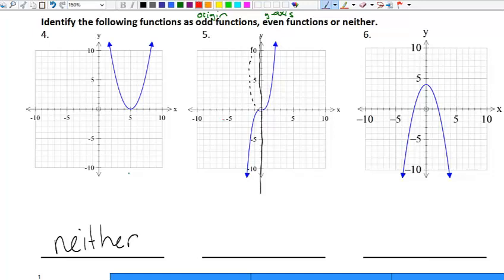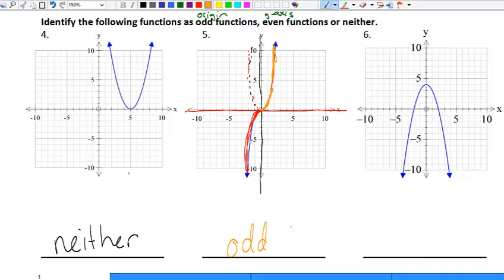And then if you fold it again on the x-axis, this branch that we had folded is going to actually fold down here. So the orange part and the red part will match up if you fold it over the X and over the Y. So that means this one is odd.